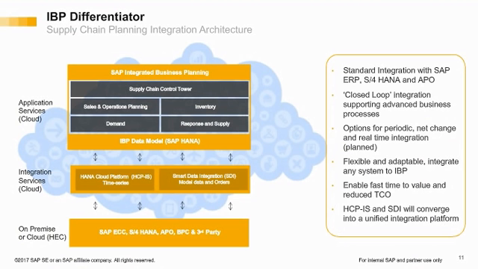Options for periodic, net change and real-time integration. Flexible and adaptable, integrate any system to IBP. Enable fast time to value and reduced TCO. HCP, IS, and SDI will converge into a unified integration platform.